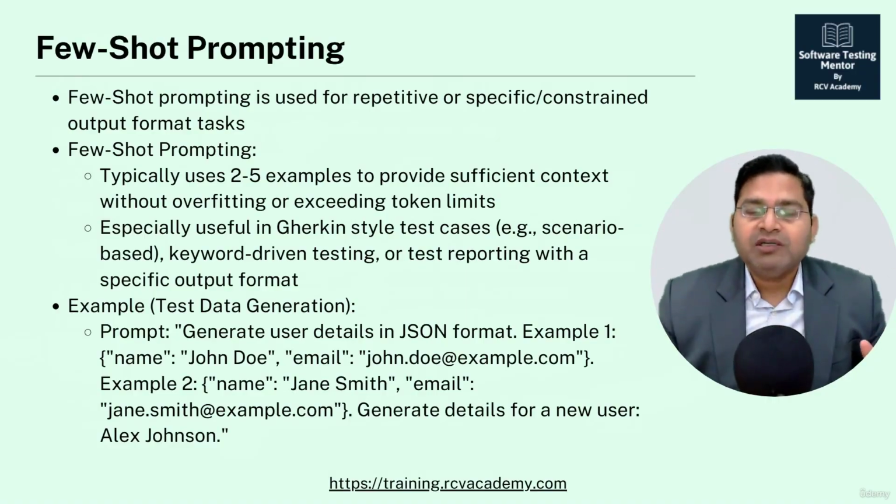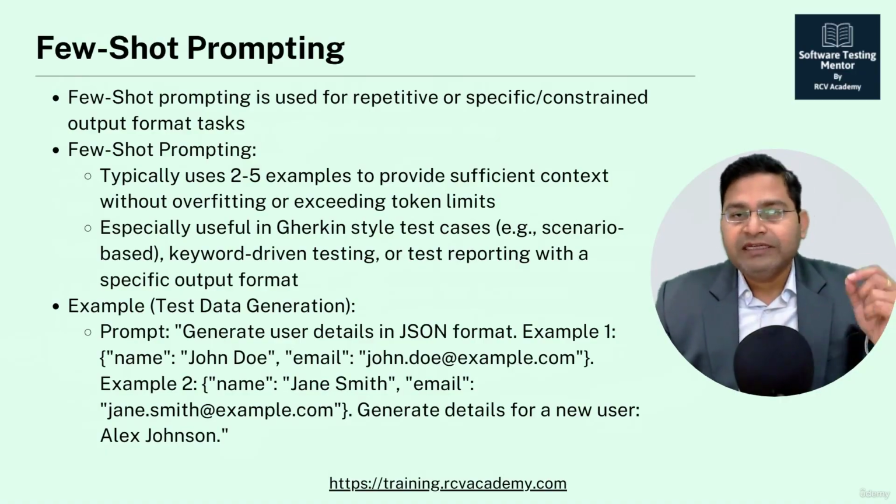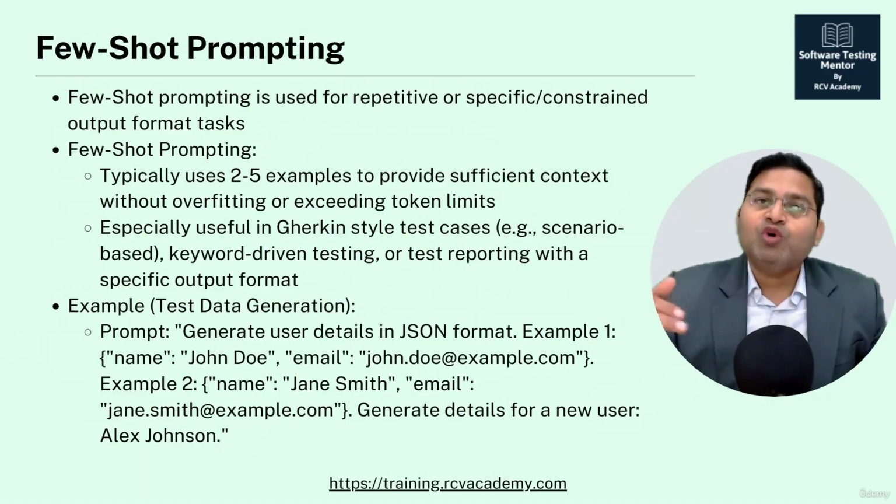Or you want the test cases in Gherkin syntax, given-when-then syntax, then you specify those as examples. And few shot prompting is about multiple examples. One shot is a single example, but few shot is when you are providing more than one example.